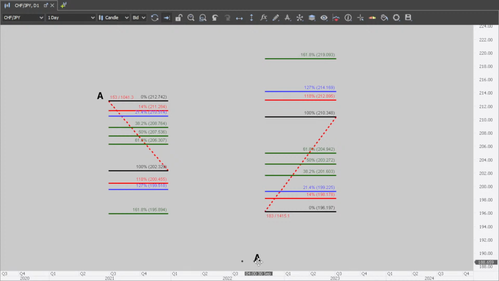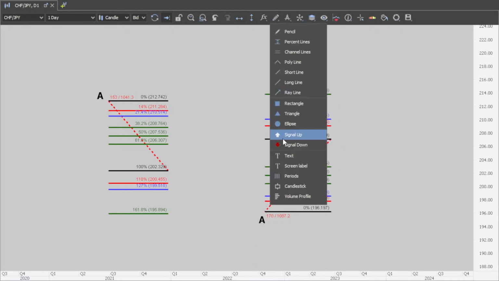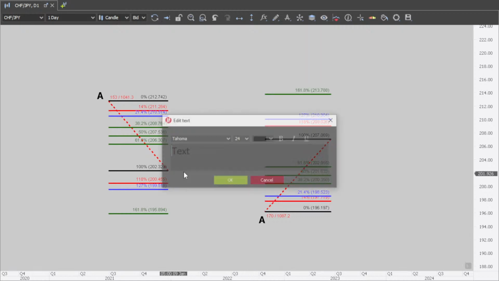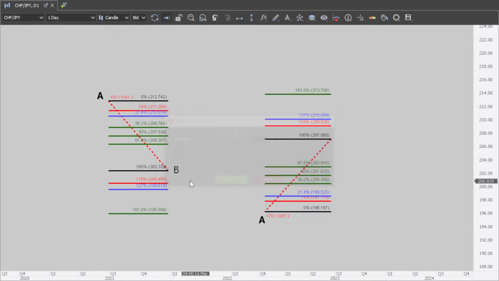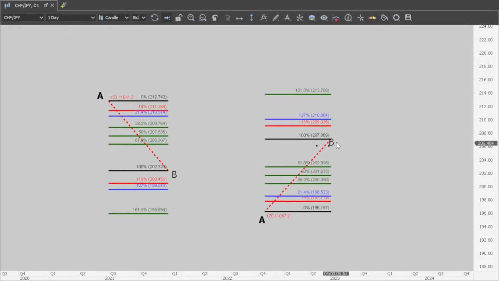Somewhere up in here, A. And then we are going to have our B. And remember, the original Fibonacci is going to help us determine trend direction. So this is the easy stuff.